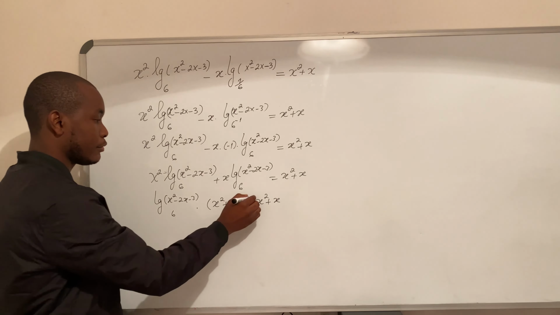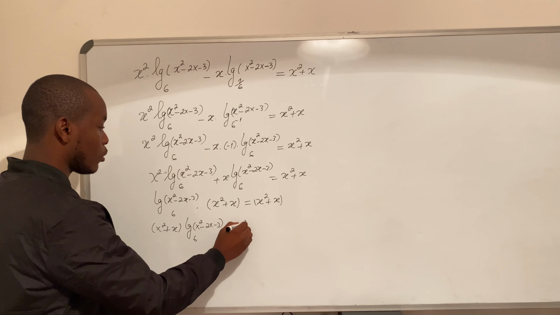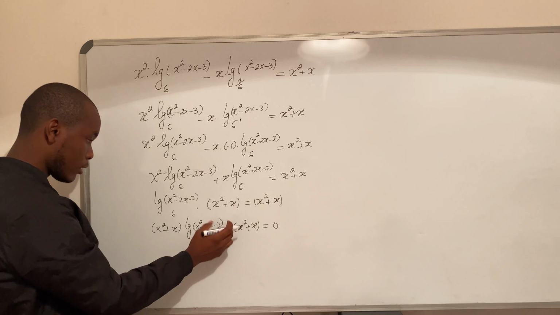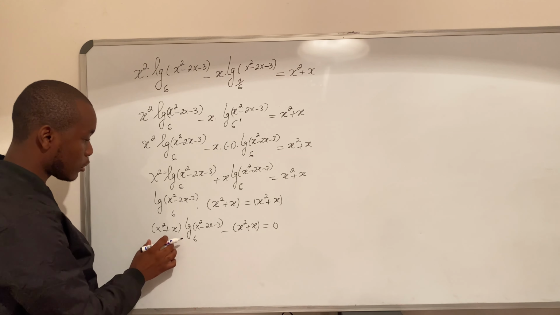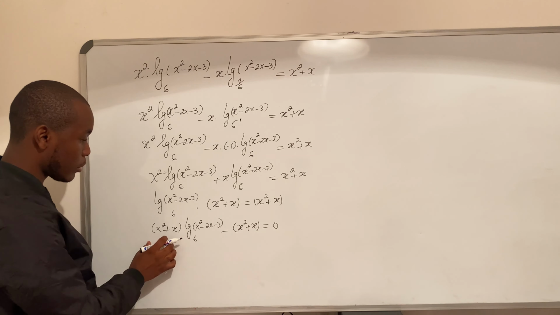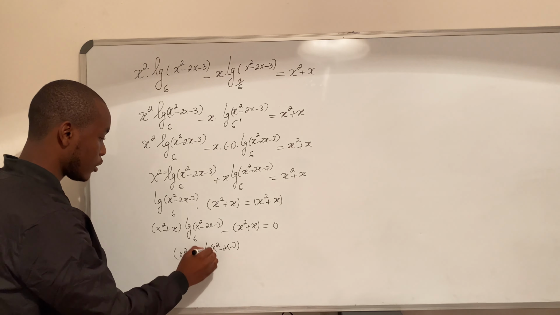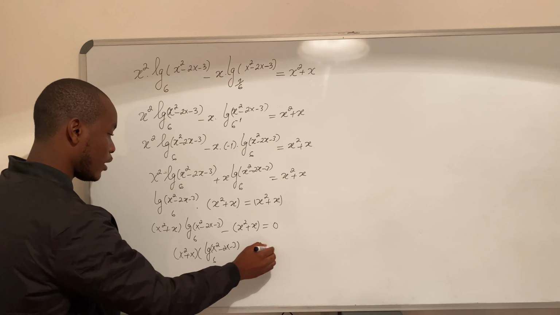We will have x squared plus x times this log minus this whole expression that comes this side. So it's positive, it comes negative. Now I have x squared plus x. I can factorize x squared plus x. I will have log of this expression to the base 6 minus 1 equal to 0.